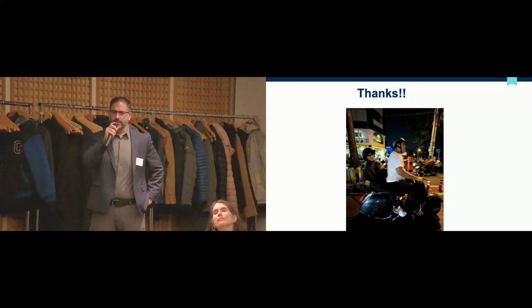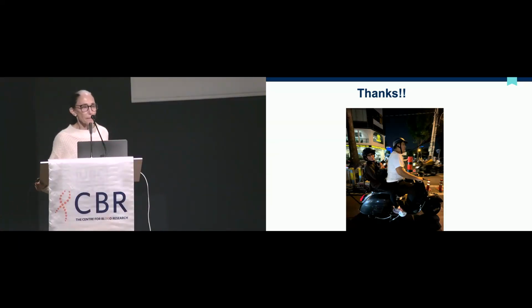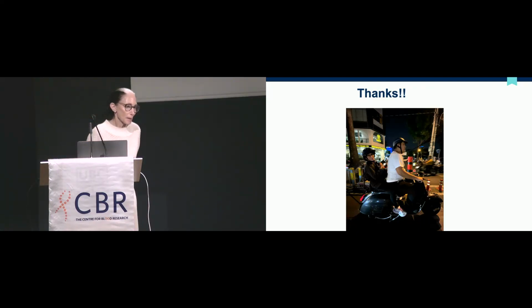Possibly a similar question and maybe naive. Are the IgM antibodies low specificity, low affinity? What's the nature of them? Yeah, that's interesting. So most of them are not high affinity antibodies.